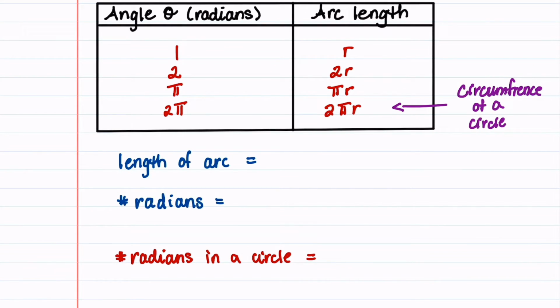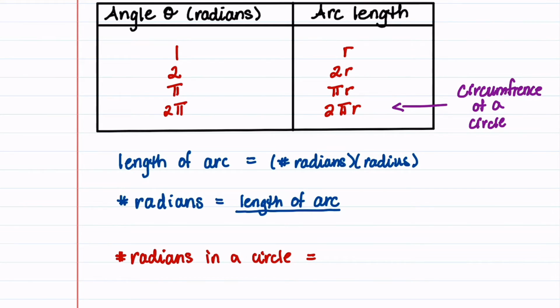We can now say that the length of an arc is the number of radians times the radius. We can also think about that in terms of the number of radians. So we can say that the number of radians is the length of the arc that the angle cuts out divided by the radius.